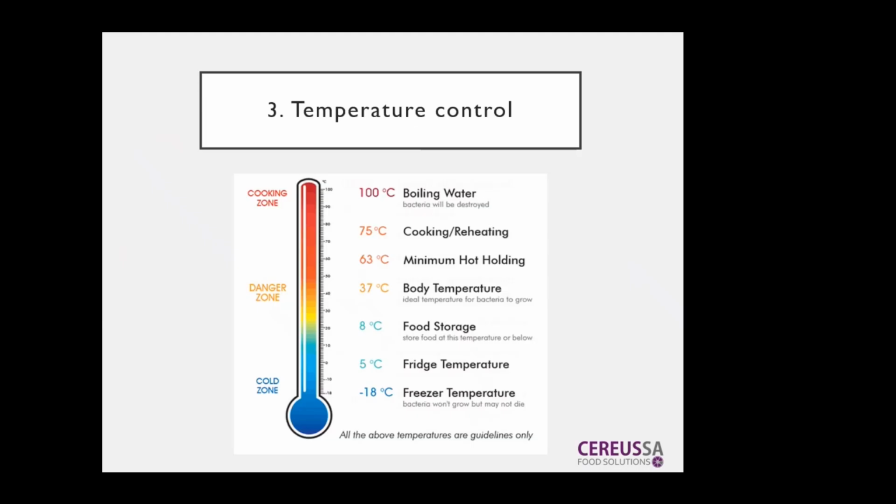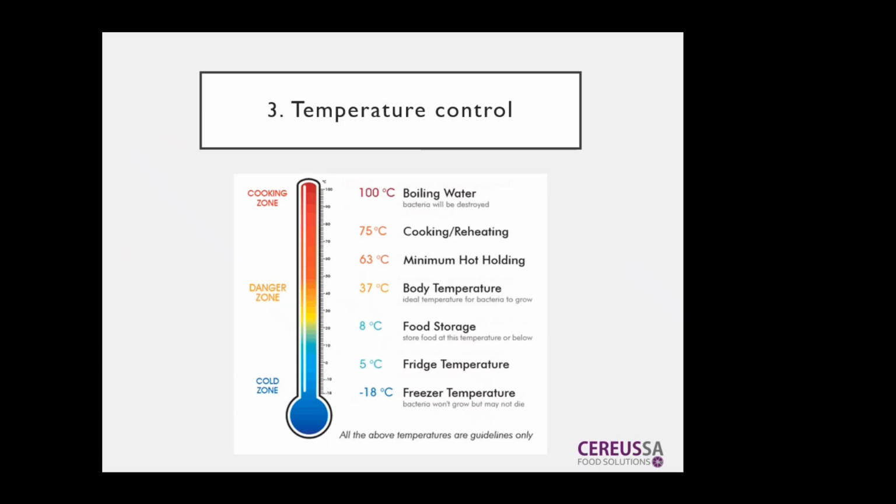Temperature control is a very important part of controlling biological food safety hazards. We need to ensure that our food is stored at low enough temperatures where microorganisms cannot grow. It's important to remember that microorganisms are usually not killed by low temperatures, but they cannot grow in low temperatures.